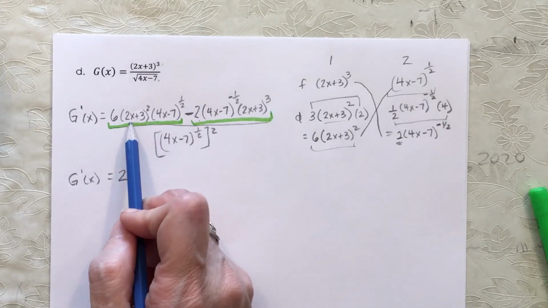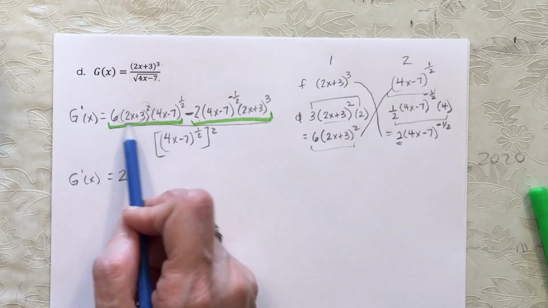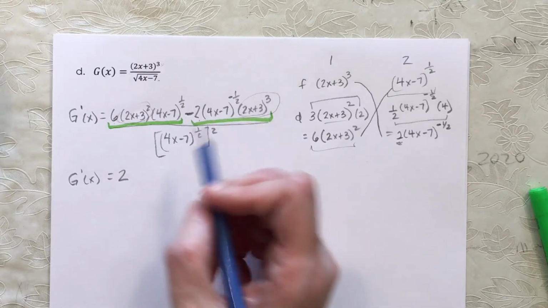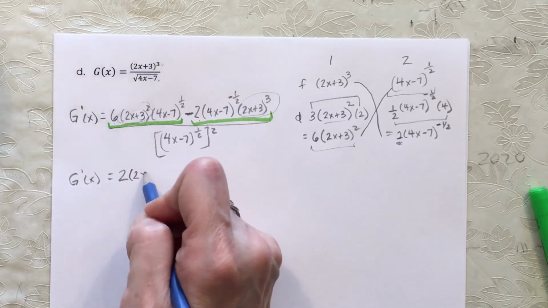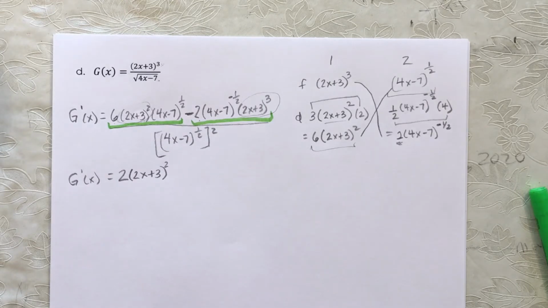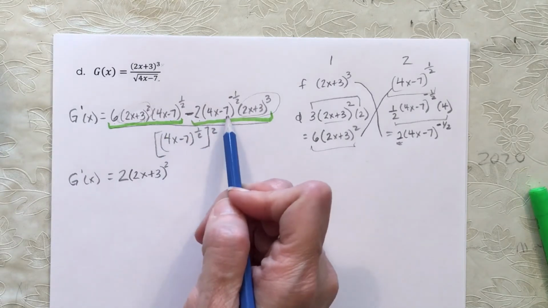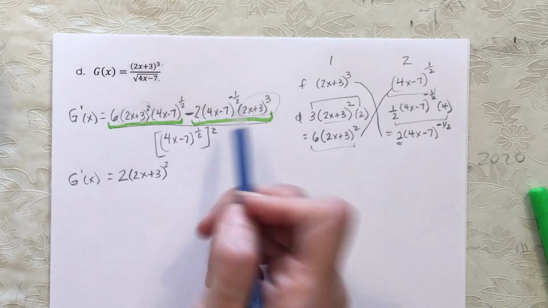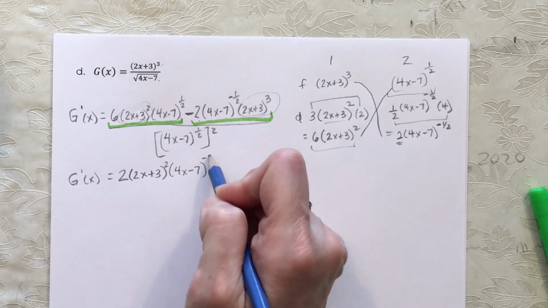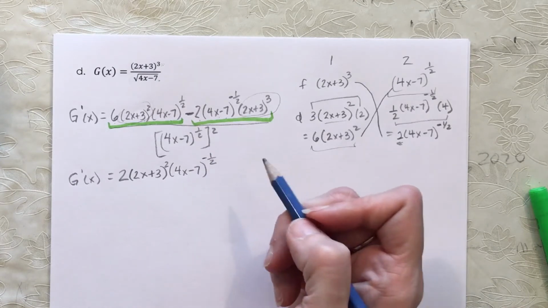Then I'm going to compare the 2x + 3, so I have (2x + 3) to the power of 2 and (2x + 3) to the power of 3. So I keep the one with the smaller exponent as part of my greatest common factor. Then I'm going to compare the 4x - 7s. So (4x - 7) to the negative 1/2 has the smaller exponent. So there's my greatest common factor.